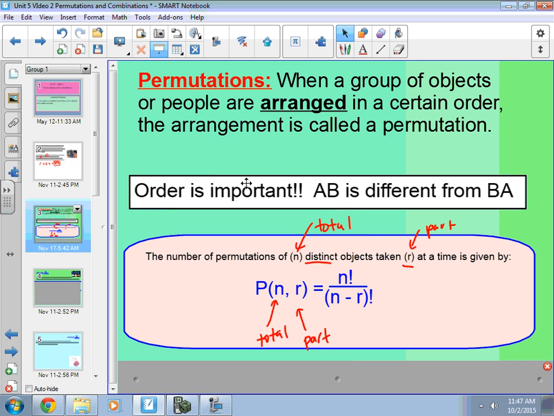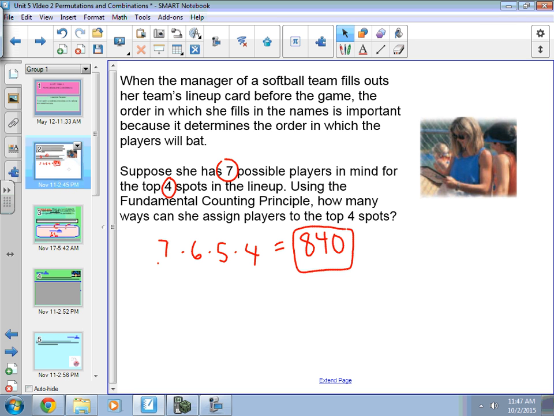Let's go back to that problem we just did and show you that you could use a permutation to do this. We're arranging players here in a certain order. The order is important here because we want players to bat in a certain lineup. So what we want to find out is what is the total. Here the total number of players would be 7, so n would be 7 in this problem.